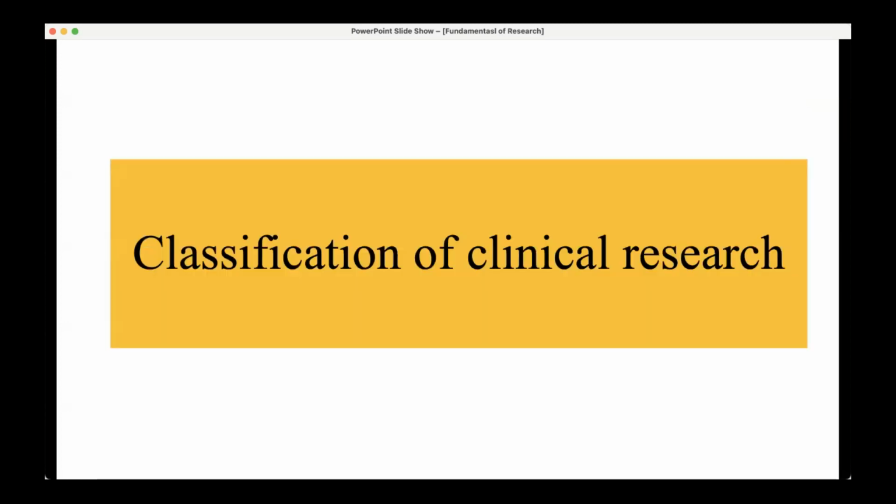How we can do the research. There are so many types of research, so many types of classification of research present in the literature and on Google. So I will try to make them easy for you all to understand.